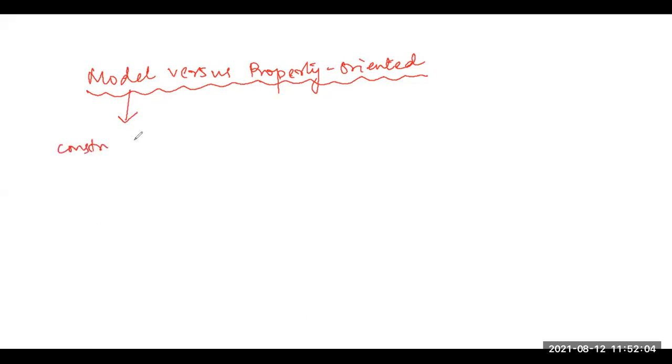We construct a model and describe the system's behavior in terms of relations, functions, tuples, sequences, and so on. In the property oriented style, the system's behavior is defined indirectly by stating its properties.